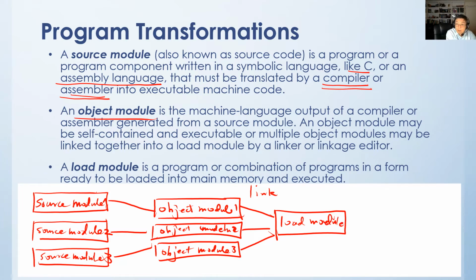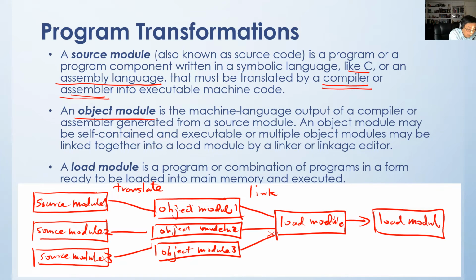So first, the source modules are translated into object modules, and then we link all the object modules together to create the load module. And then you can load the load module, which is the final version, binary code or machine code, into the memory.